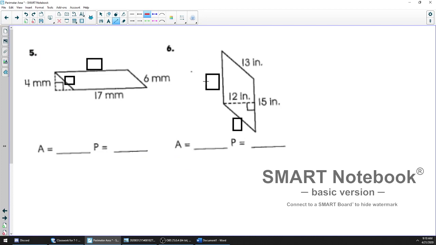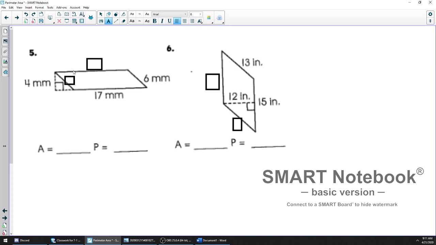This is problem 5 and 6 on your homework. All right. So again, I have to find area and perimeter, and I've given these numbers. First, before you do anything, you want to make sure you know the sides of all the parallelograms.